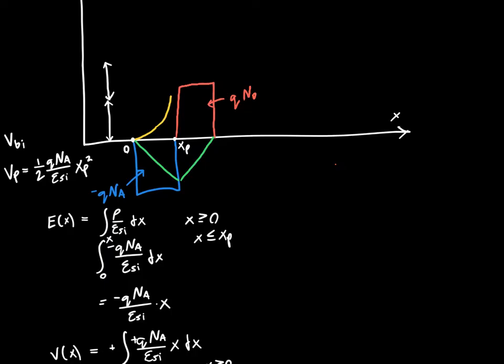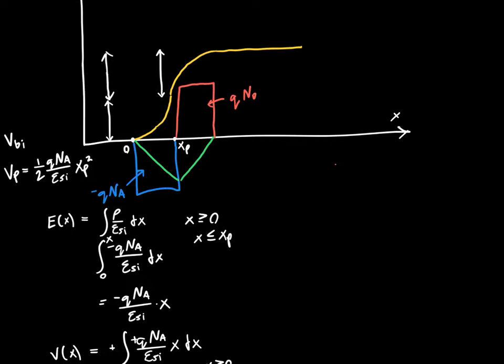So outside this region, it should just be flat, and inside, it should be a downward sloping parabola. And so we want to find the height of this downward sloping parabola. So we want to find this total height here, this height from xp to xn plus xp. But we're going to switch up the coordinate system to do this.